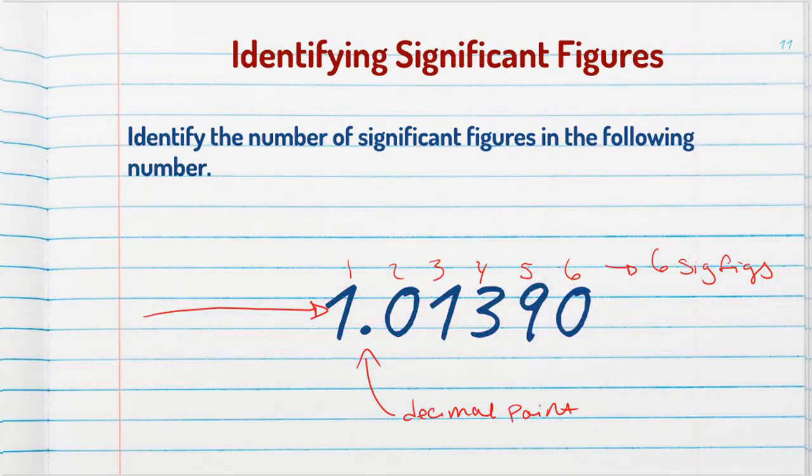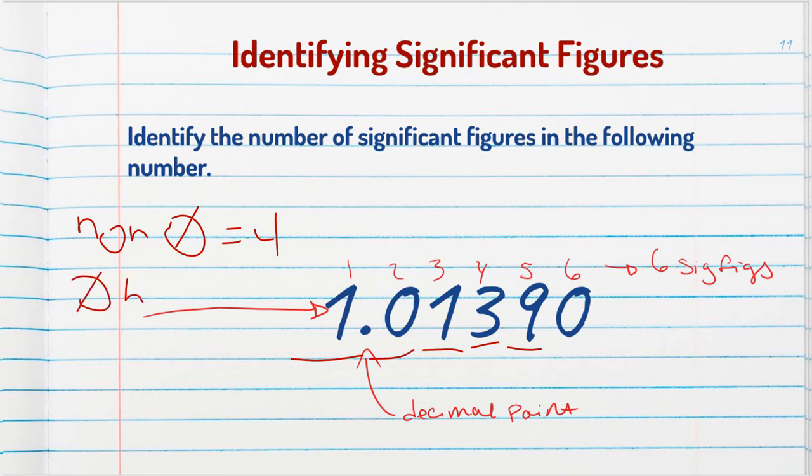All right, let's do this one together as well. So count the total number of non-zero numbers. 1, 2, 3, 4. Then count the zeros between non-zero numbers. 1. Do I have a decimal place?